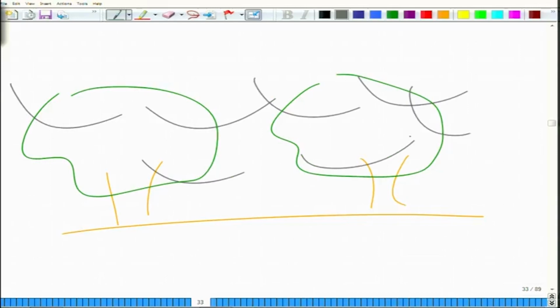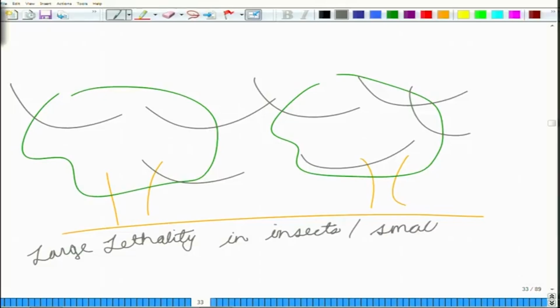So, there will be a large amount of mortality in the insects, because in the case of the insects, this very small amount of toxin will be sufficient to cross the lethal dosage. So, you will have a very large lethality in the insects or the smaller organisms.